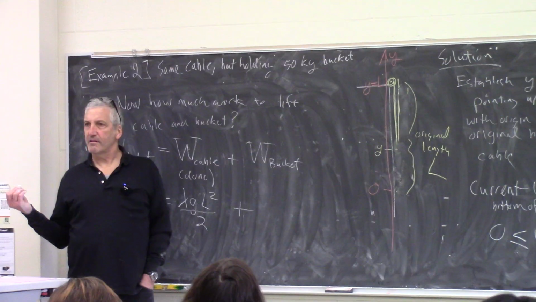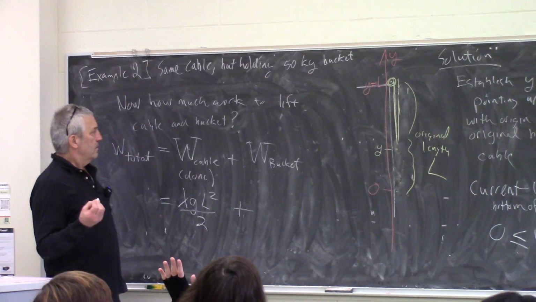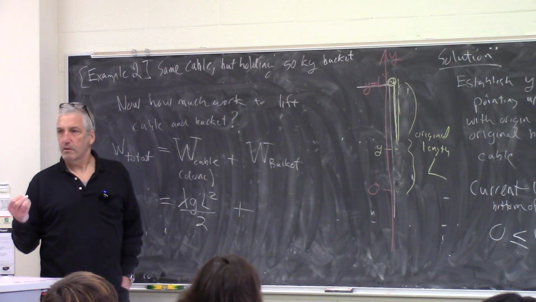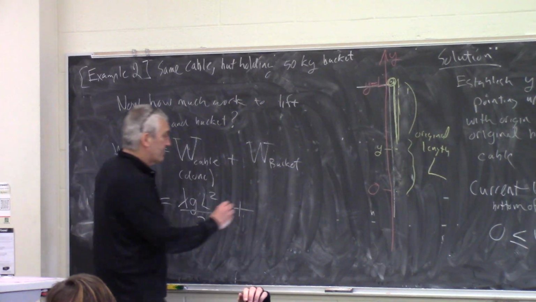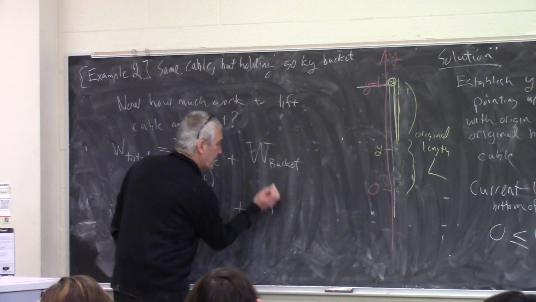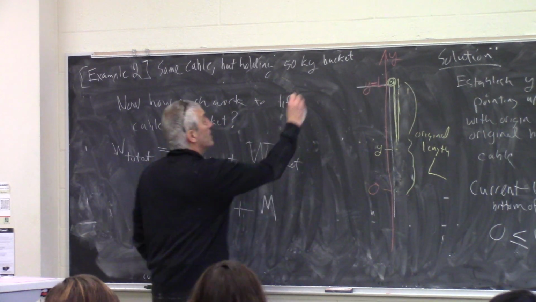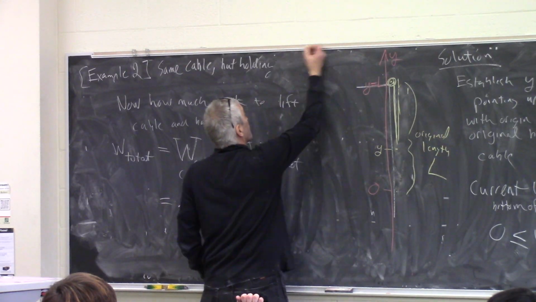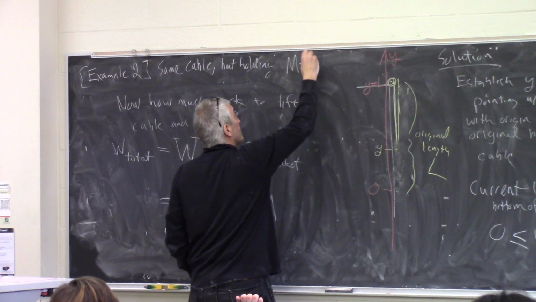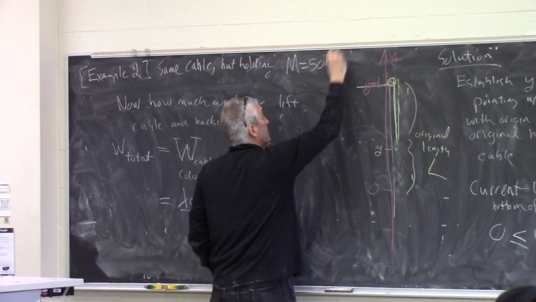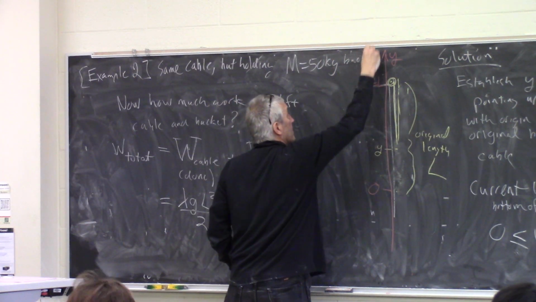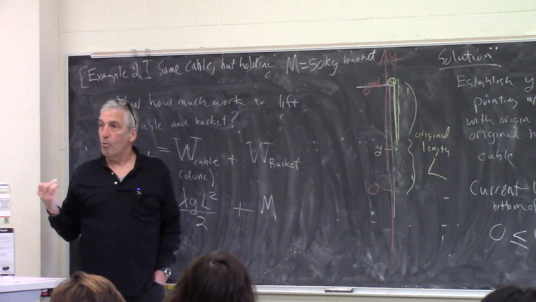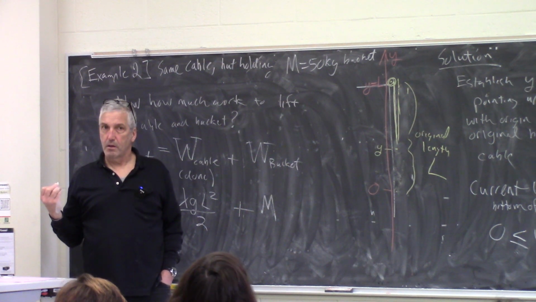What's the mass of the bucket? Yeah, 50 kilograms. Exactly. So whatever the mass is, capital M. So I should say capital M equals 50 kilogram bucket. What's the weight of the bucket?